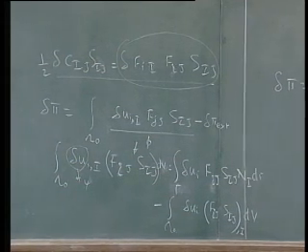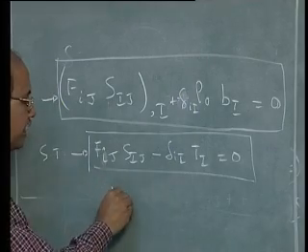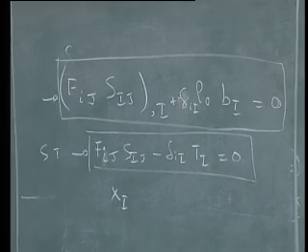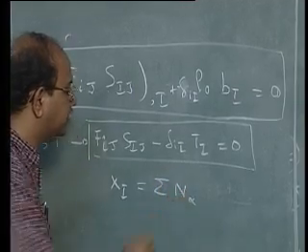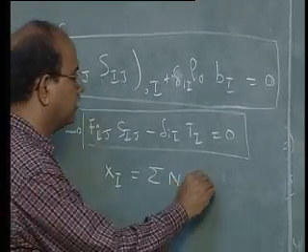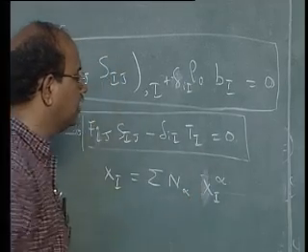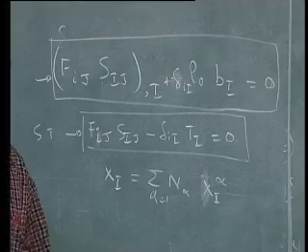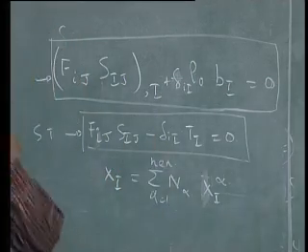So as a first step, let me write down for isoparametric formulation, Xi is equal to sigma of, I'll just explain what this alpha is, N alpha into Xi alpha, where alpha is equal to 1 to number of nodes per element.